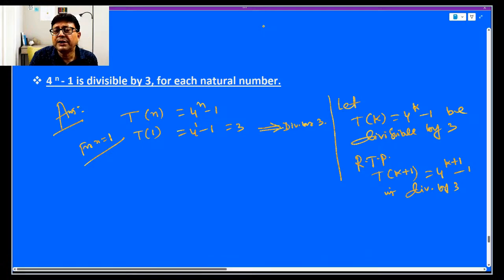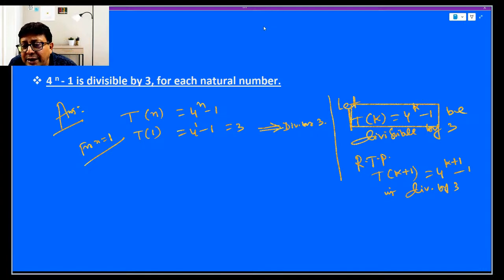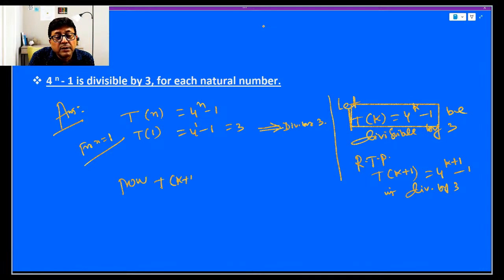We have assumed this first: Tk equal to 4 to the power k minus 1 is divisible by 3. Now it is required to prove this thing. So now Tk plus 1 is 4 to the power k plus 1 minus 1, isn't it? But we can write this in this form.